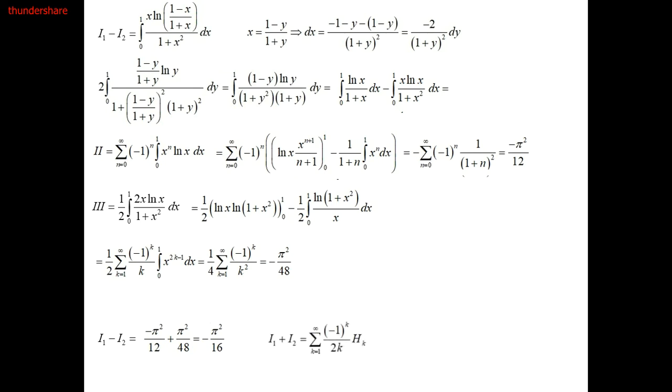And let's consider the previous relations. I1 plus I2 equals the sum for k equal 1 to infinity of negative 1 to the power k divided by 2k times harmonic number k, and also I1 plus I2 equals 1 over 4 ln squared 2 minus pi squared divided by 24.